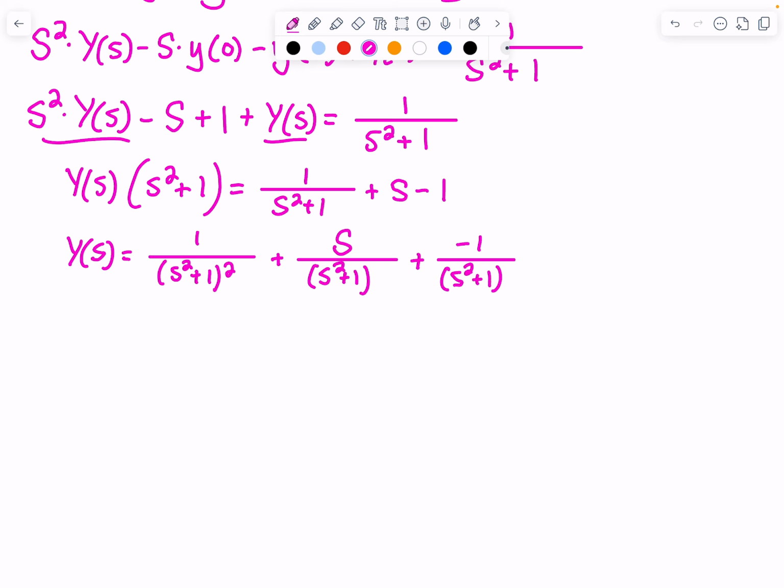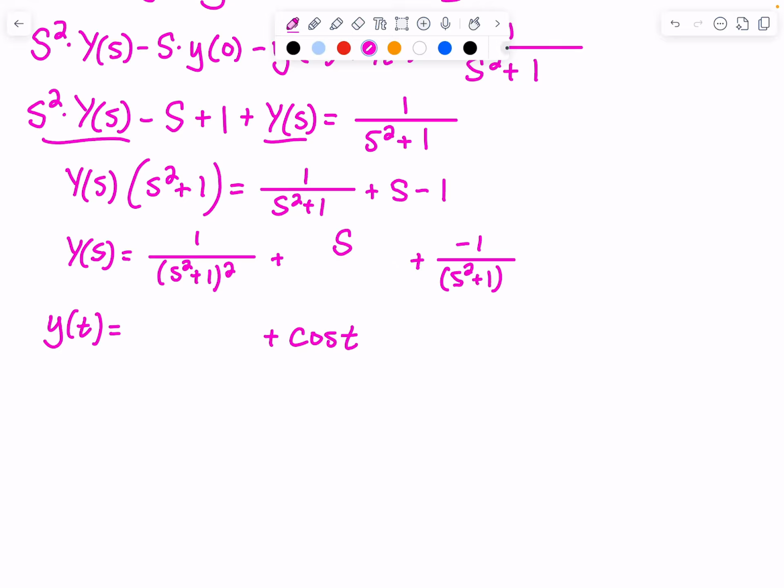It's already set up for us, so let's talk about how this is done. Okay, so we're going to have y of t. Let's skip the first one for a moment because the other ones are a little quicker. You can see that I have s over s squared plus 1. That's just a cosine of t. It might look weird because of the parentheses, but if I take them off, you might be able to see it a little better.